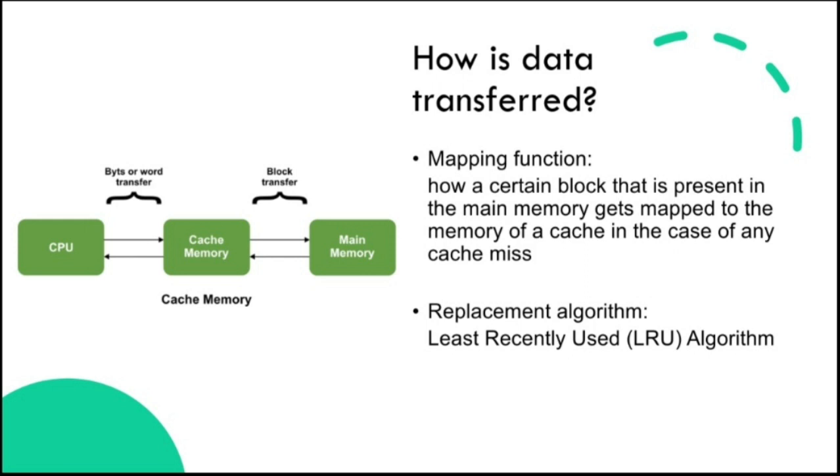Replacement algorithm chooses, within the constraints of the mapping function, which block to replace when a new block is to be loaded into the cache and the cache already has all slots filled with other blocks. One strategy is to replace the block that has been in the cache longest with no reference to it. This policy is referred to as the least recently used algorithm.